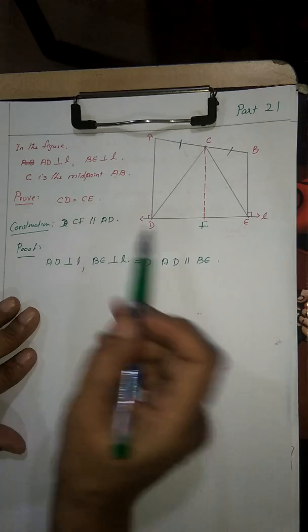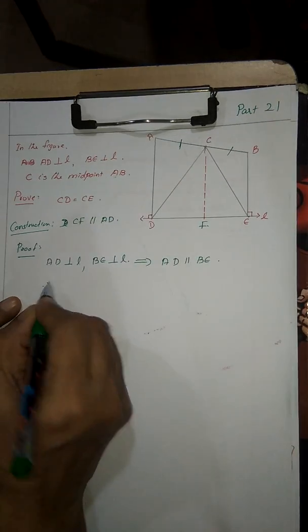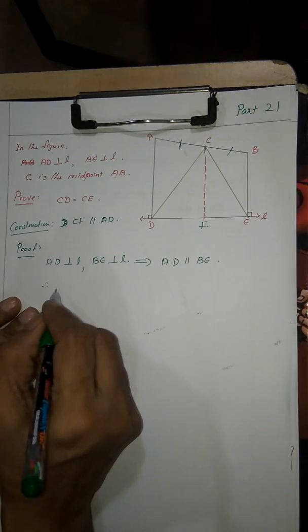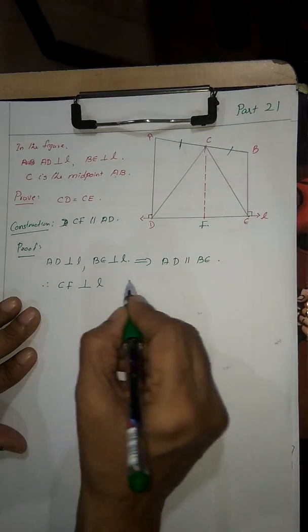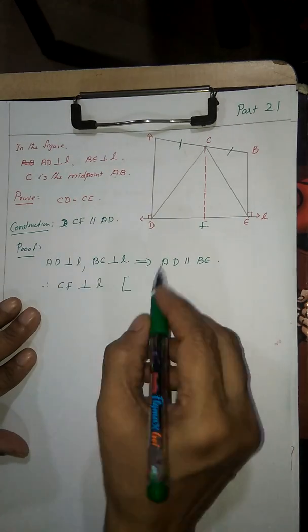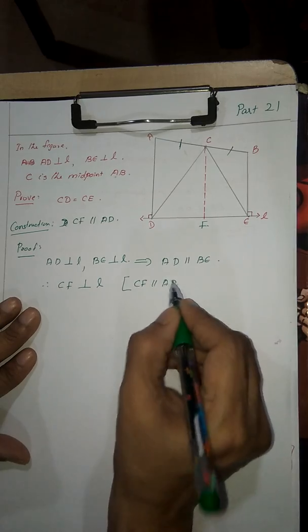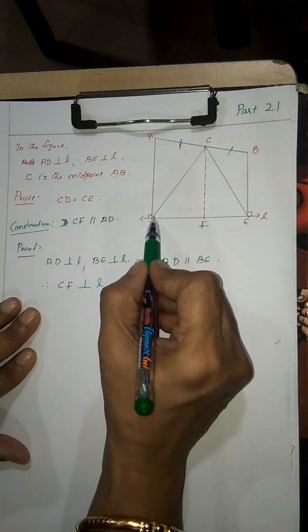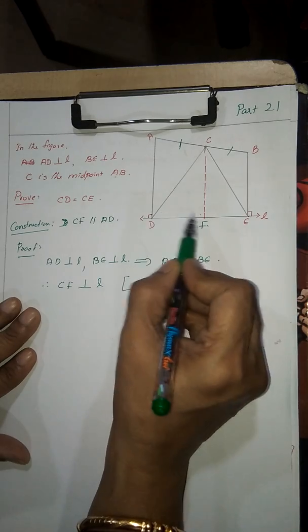Now we have drawn CF parallel to AD. Therefore we can say this angle is equal to 90 degrees. So CF is also perpendicular to L, because CF is parallel to AD. These are corresponding angles, or you can even say co-interior angles.